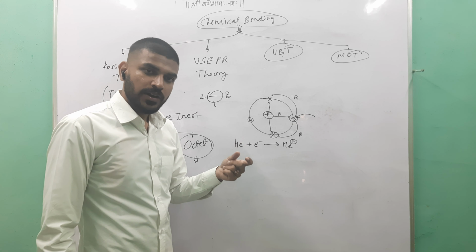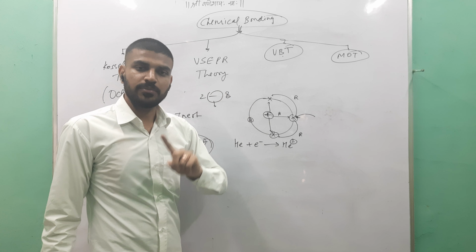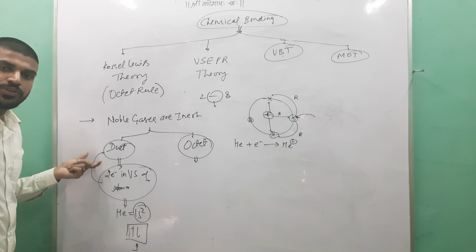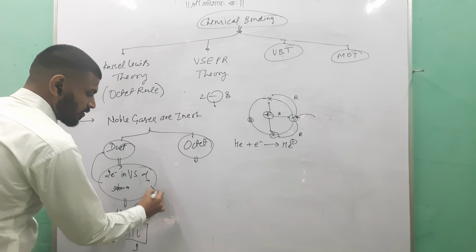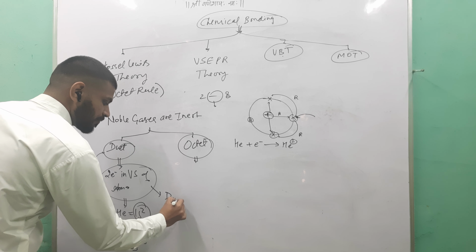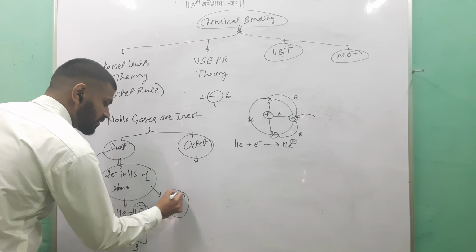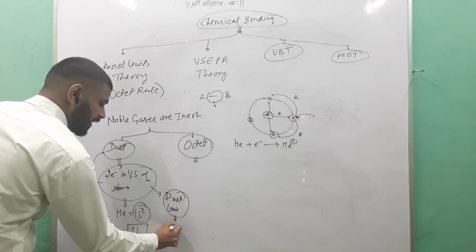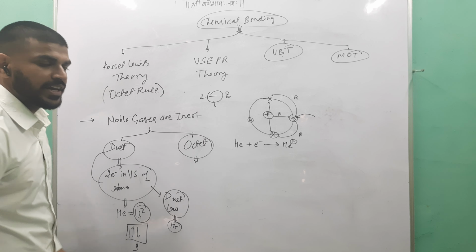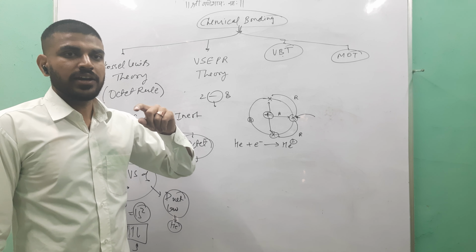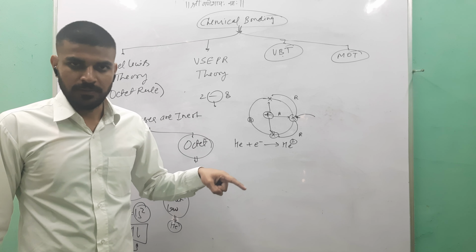That's why two electrons is the most stable form in helium, and this is called the duet law. Always remember, this is applicable only for helium. If there are more than two electrons, they come into the arena of the octet rule.